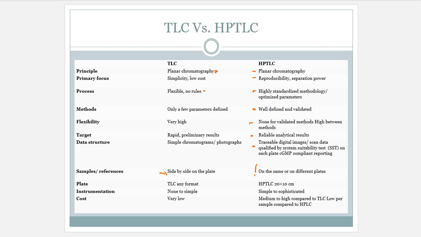Plates by hand, you get varied sizes. With HPTLC, you're going to do 10 by 20s. This is pretty standard, and that's how most of the instrumentation is made. The USP, NF, the EP, all of the pharmacopoeias are writing and incorporating these general information sections based on a 10 centimeter high plate.